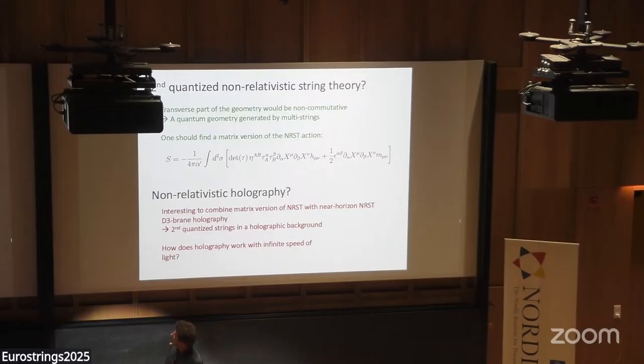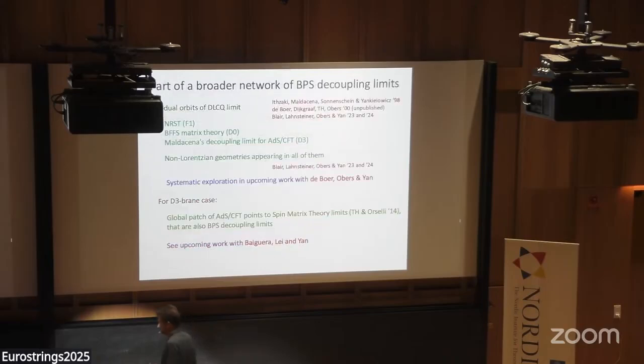And then my last slide, I just wanted to highlight the connection to Siggy's talk, because all this is part of a broader network of BPS decoupling limits. And you can think about basically all the U-dual orbits of the DLCQ.